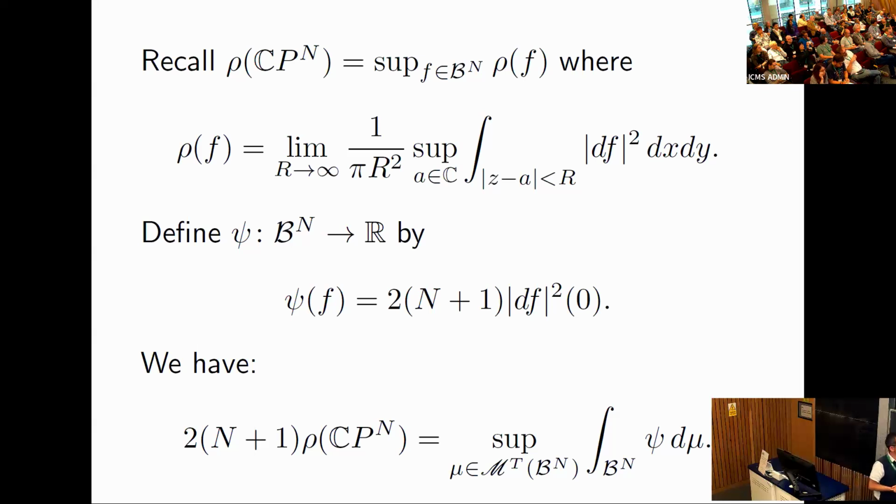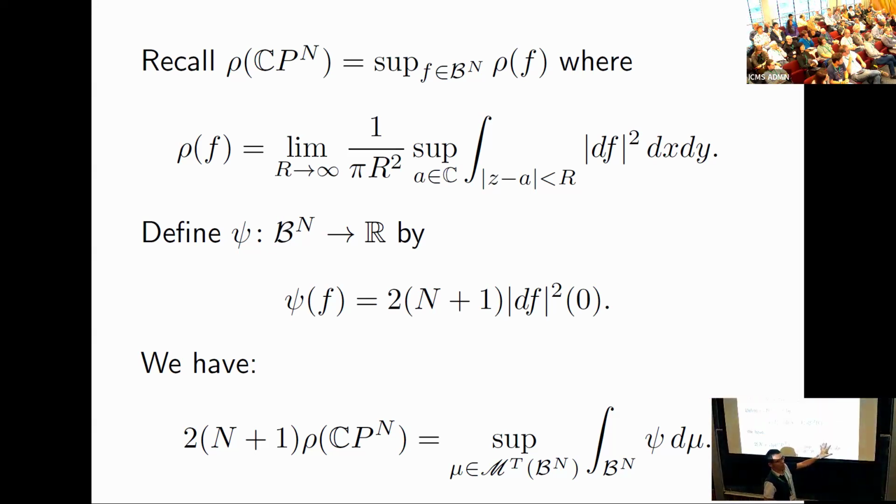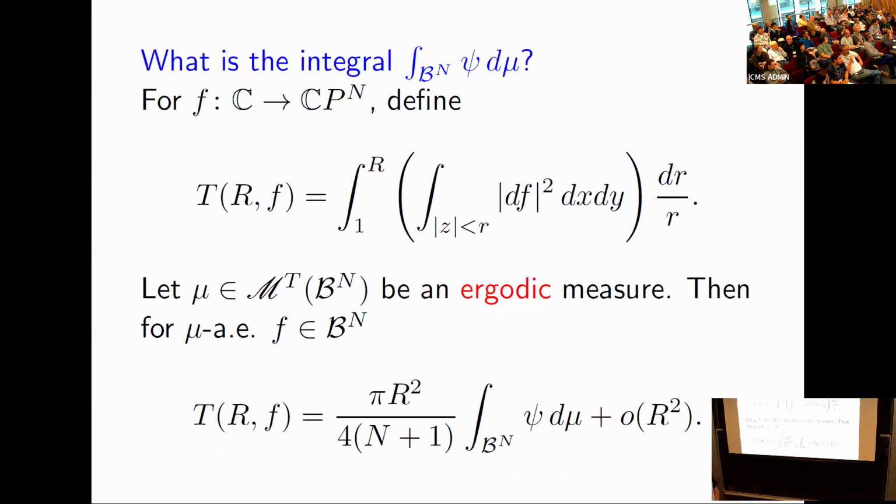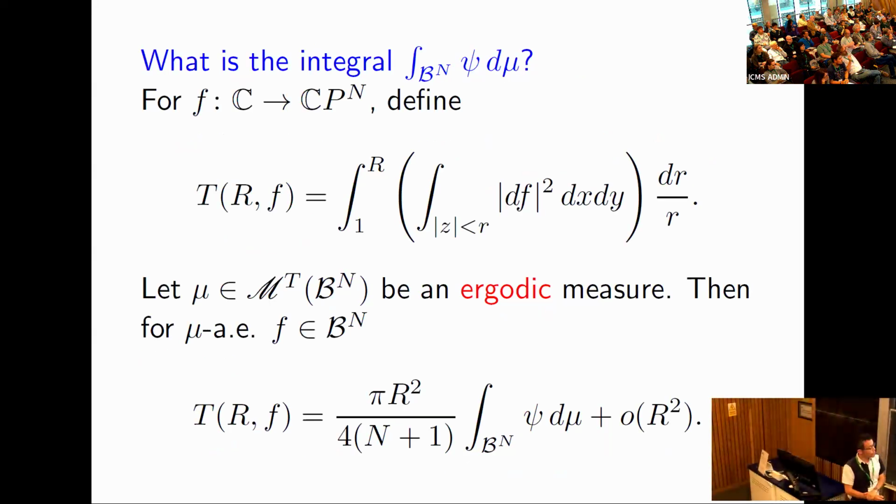But what is the meaning of this quantity? Actually, this is a very simple quantity. What is the meaning of this integral? Let f be a Brody curve, and we define its Nevanlinna-Shimizu-Ahlfors characteristic function this way. This is a standard object. For simplicity, we assume that the probability measure mu is an ergodic measure.